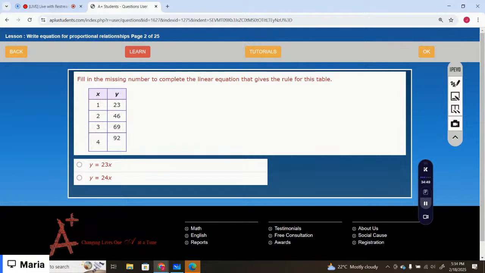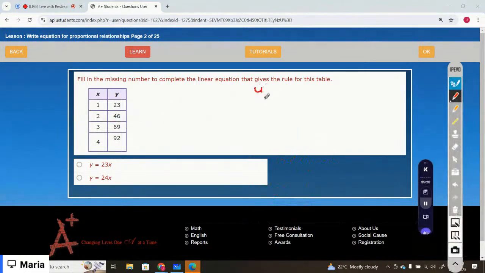Fill in the missing number to complete the linear equation that gives the rule for this table. Use the equation y equals mx plus b.